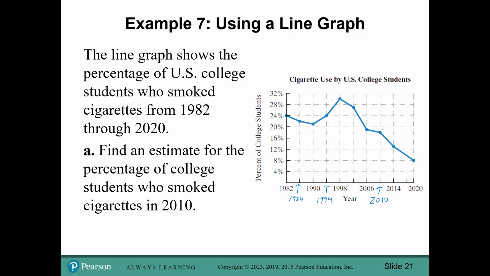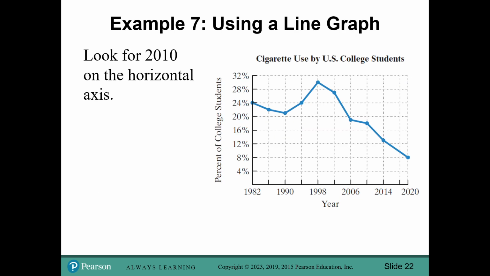What we can see is that 2010 is represented by this dot, which tells us that the percentage of people who smoked cigarettes during that time period is somewhere between 16 and 20%. So, just for another illustration, we want to highlight where 2010 is and find the point at which it hits this line. We want to go horizontally over to our other axis and see exactly where that hits, somewhere between 16 and 20%.